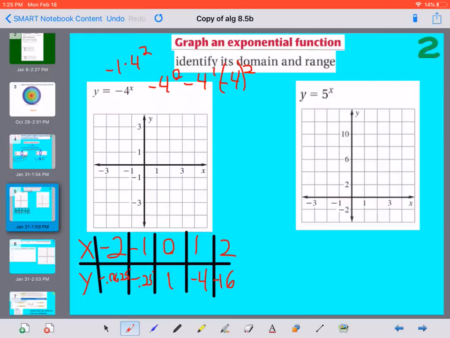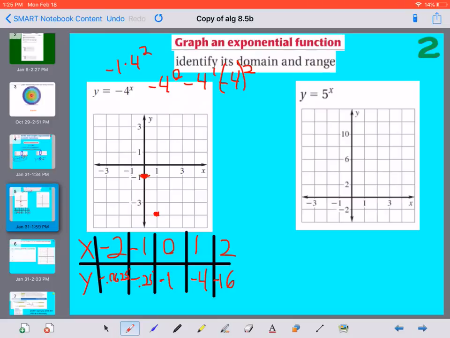So if we're going to graph this, then we start at 0. Let's see. Oh, this would be a -1 because we're multiplying by -1. Sorry, guys. So 0 is going to -1. Then at 1, it's going to -4.